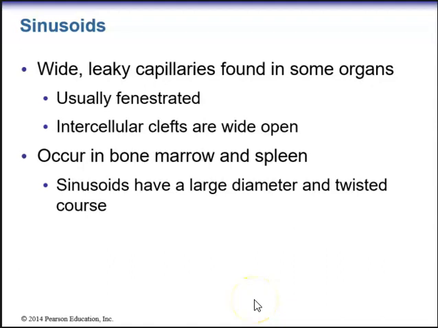Now, sinusoids are wide, leaky capillaries found in some organs and are usually porous or fenestrated. The intercellular clefts are wide open, and these occur in bone marrow and spleen. We heard about sinusoids in the spleen before, so sinusoids have a large diameter and a twisted course.